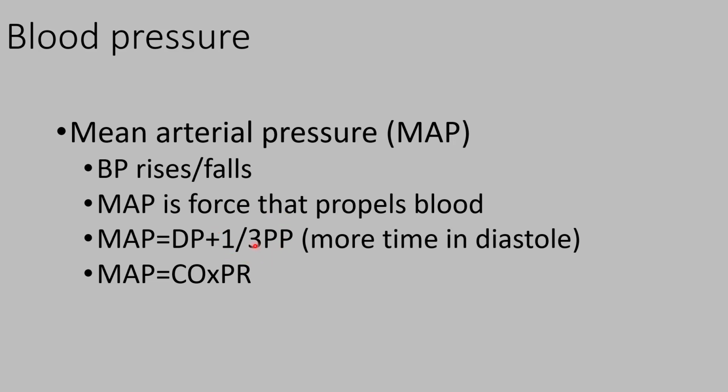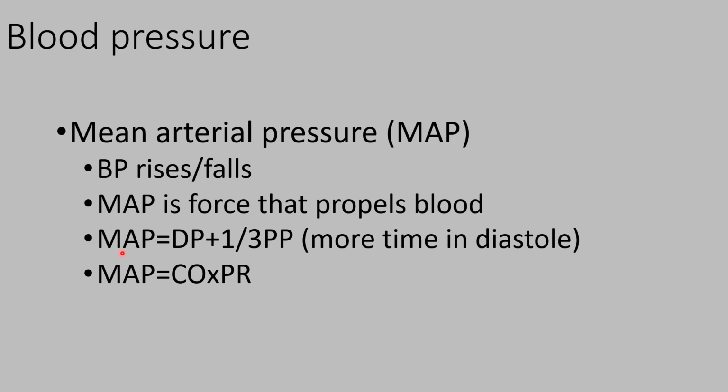The best way to do it is find pulse pressure, divide it by 3, and whatever answer you get, add diastolic pressure to it. The reason we use this is because the heart spends more time in diastole. Once you've got diastolic pressure plus 1/3 of pulse pressure, that's MAP.